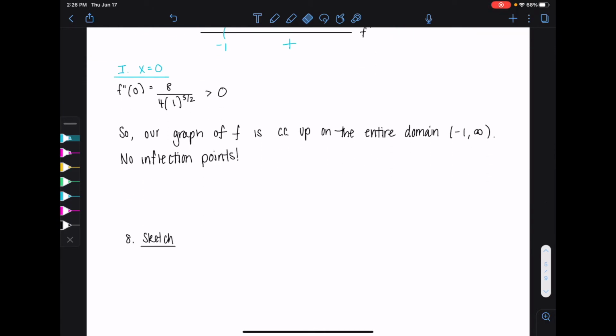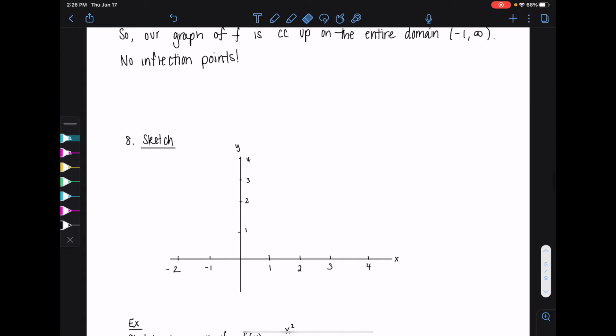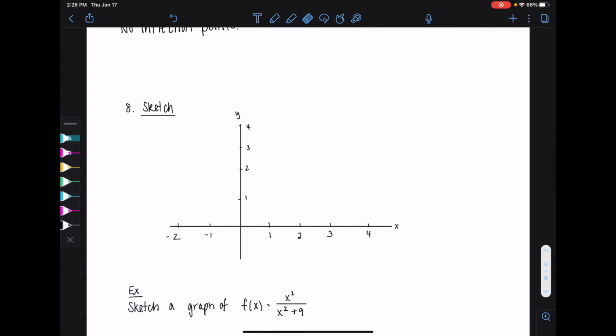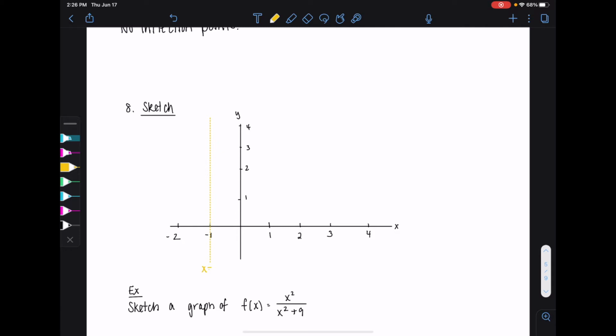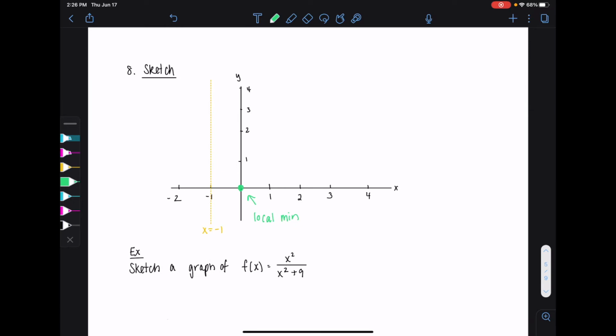We are finally at the point now we get to sketch by putting all of this information in one chart. First, we know we have a vertical asymptote at x equals -1. We know we go through the origin and that this point is a local min. I have to be concave up the entire time.